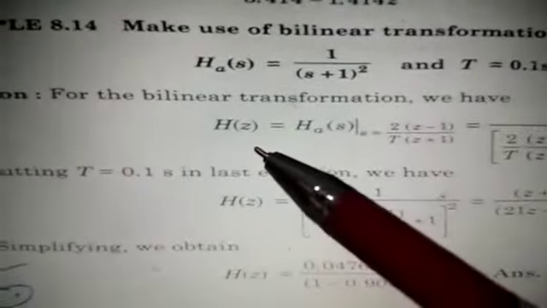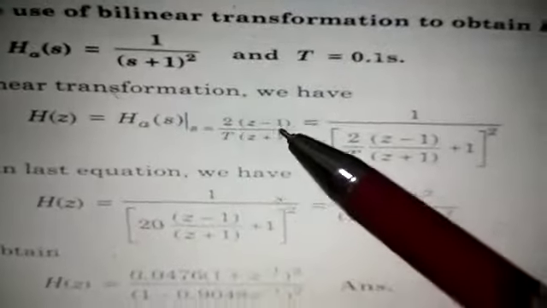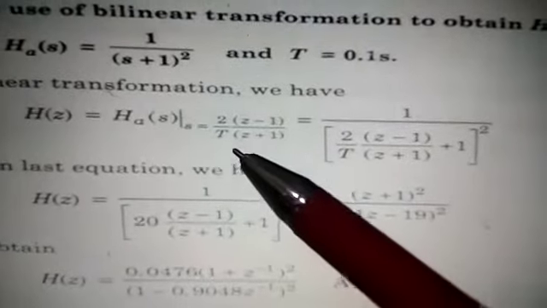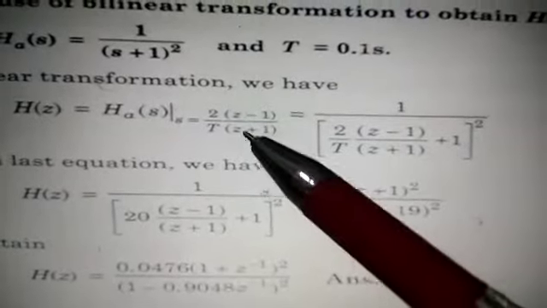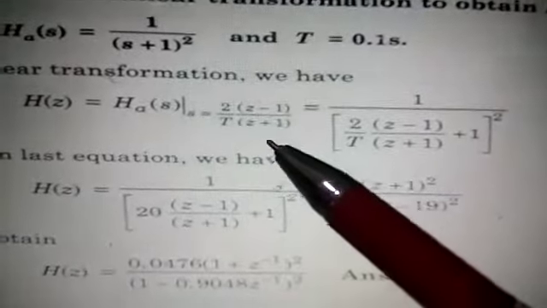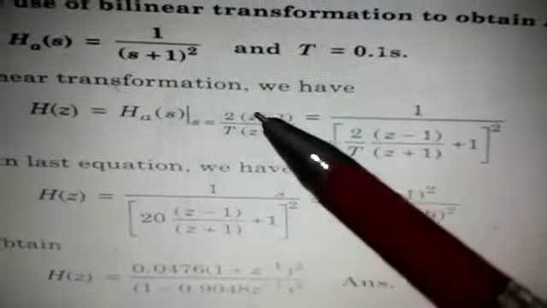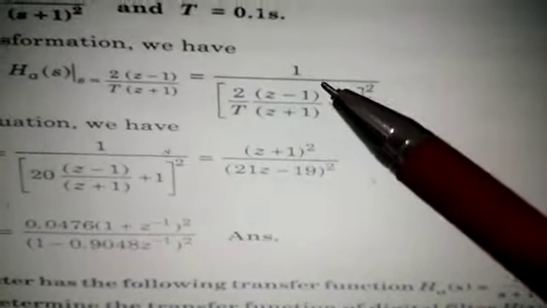So we will put the transformation H of Z is equal to HA of S, the analog filter transfer function, at S is equal to 2 by T into (Z minus 1) upon (Z plus 1). This is the actual transformation in place of S while converting from S to Z. The given transfer function is 1 upon (S plus 1) square.